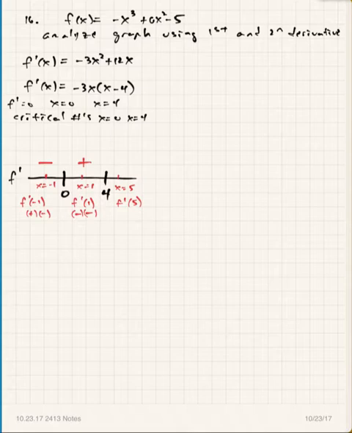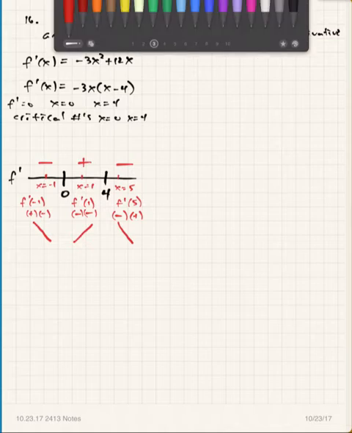And then f prime of 5 would give you a negative factor times a positive factor, and that would give you a negative. So this tells us that the function is decreasing less than 0, increasing between 0 and 4, and then decreasing again from 4 to infinity.